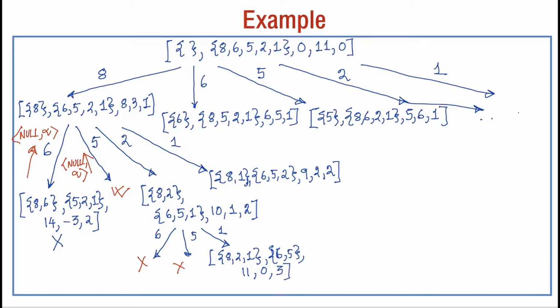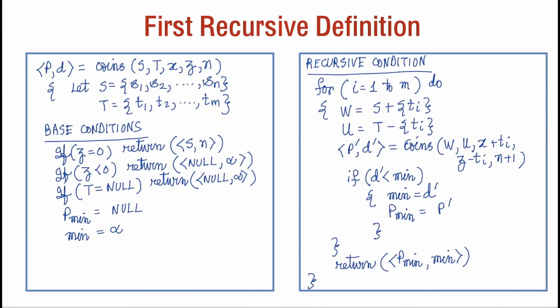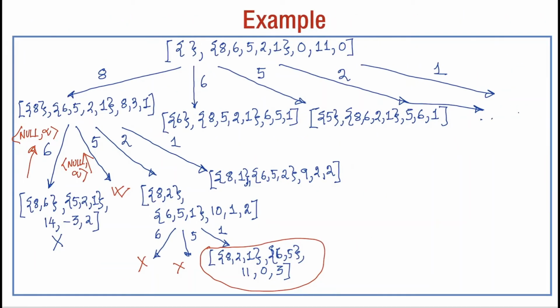And we know that this is a solution, because in this case z is 0, and we know when z is 0 we return Sn, and what will be returned here is the set S, 8, 2, 1 and 3.